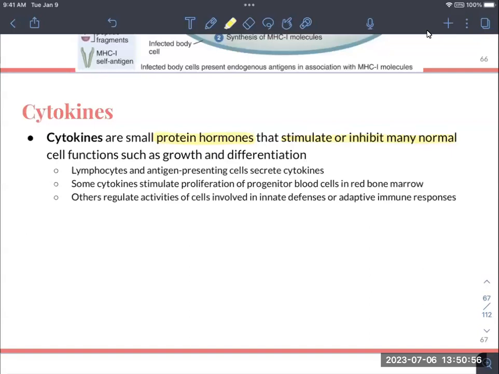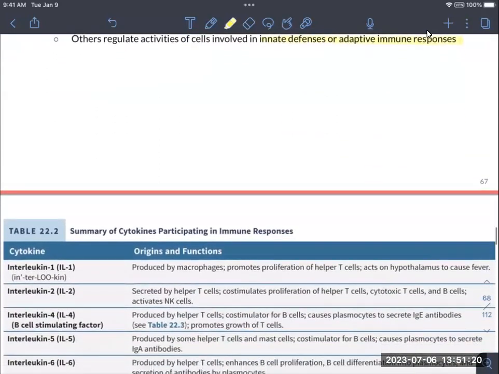Lymphocytes are going to secrete cytokines, so do antigen presenting cells. These cytokines can cause the proliferation of those progenitor blood cells, so we can start making more red blood cells. They can be involved in those innate defenses or those adaptive immune responses.